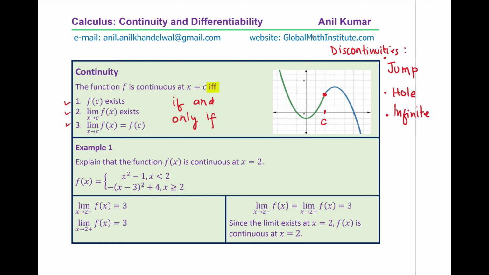To give you examples of each kind, a jump discontinuity is, for example, where one function ends here and the other one then starts, right? The hole discontinuity is where you have a rational function with a common factor between numerator and denominator. And you could have an infinite discontinuity, for example 1 over x.